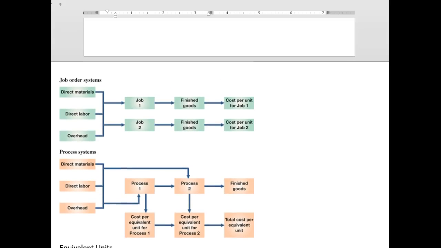So first of all, let's look at the difference between a job cost. I thought this flow chart was really good. We take direct materials, direct labor, and overhead and assign them to specific jobs in job order. So each job gathers up the cost and moves to finished goods, and then we have a cost per unit for job 1, which then becomes the cost of goods sold when you sell it.